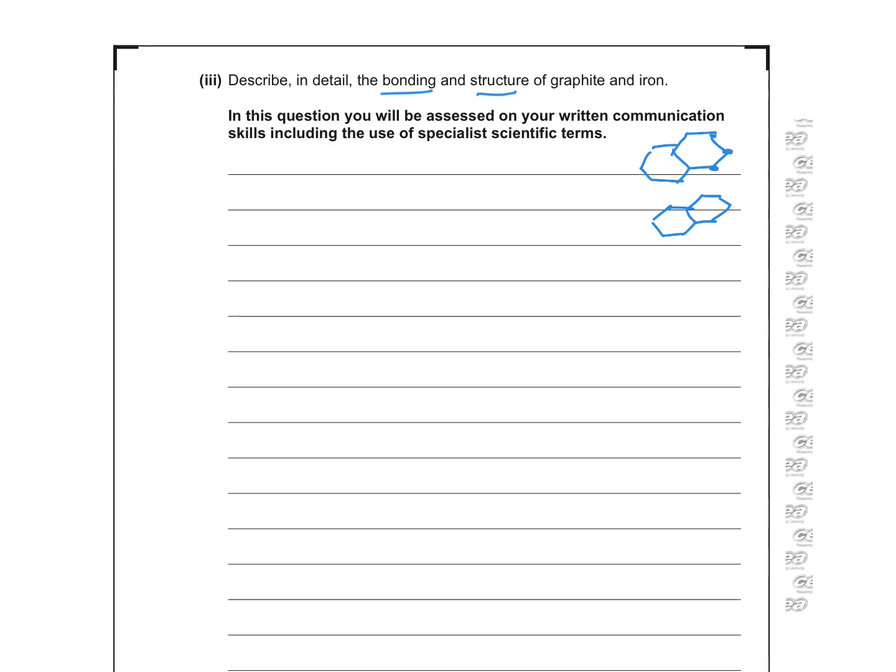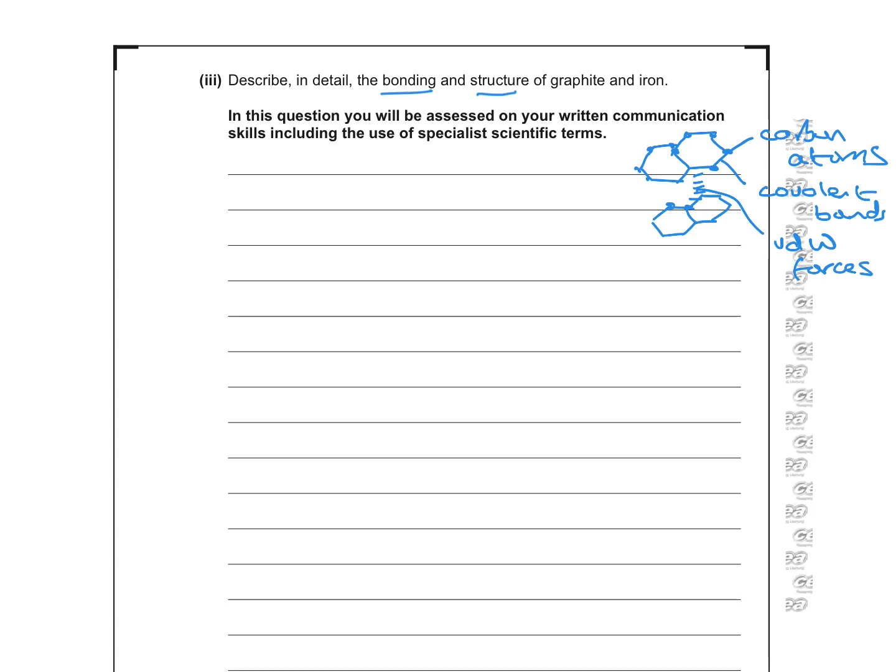And there are carbon atoms here, etc. So these are carbon atoms. And then the lines represent covalent bonds. And you remember that there are then van der Waals forces between, I'll just do VDW. So these forces exist between the layers.